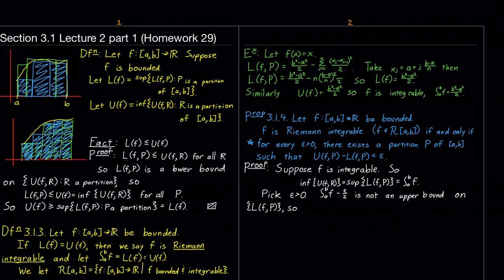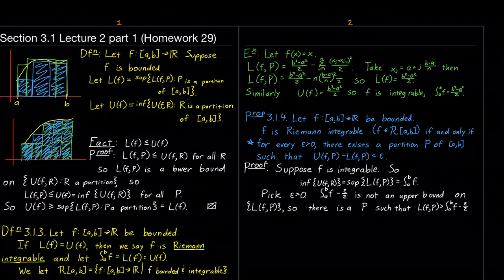So there is a partition, I'll call it P, such that L of f over P is greater than the integral minus epsilon over 2.